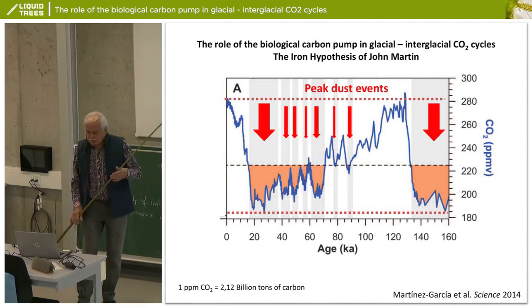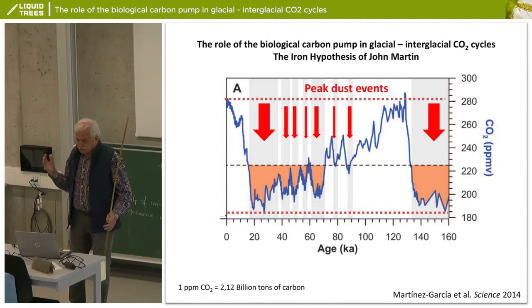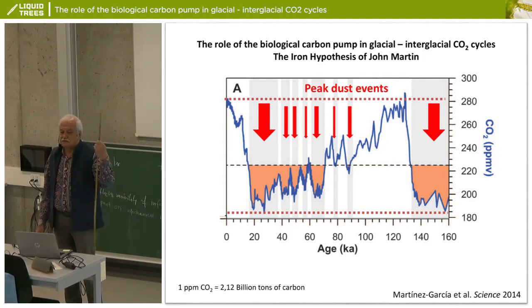So then John Martin, there were these intense discussions, and there were conferences which I also attended where I did not agree with this iron hypothesis. But then the first experiment was carried out, as I mentioned, and it showed that they got a chlorophyll bloom.